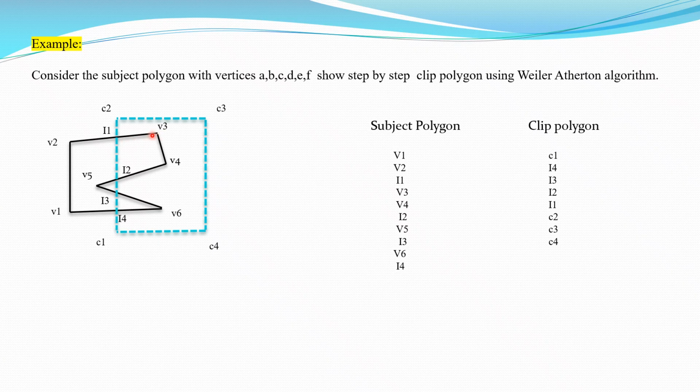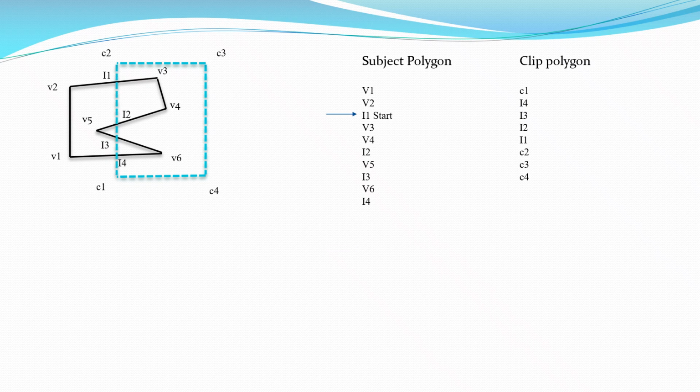For this edge, next V3, V4 is completely inside, so we have to take that and move on to I2. Here is the intersection, V5 we ignore. Here is the end, right? This is the starting and this is the end. So we have to make this in the subject polygon. I1 is the start. Now where will we stop?